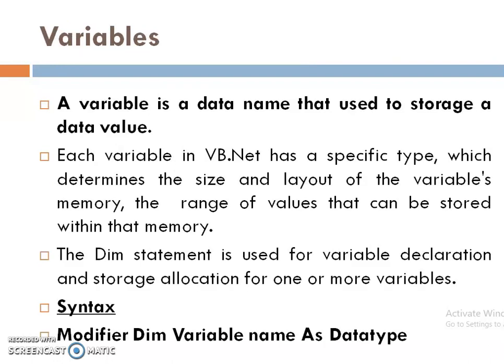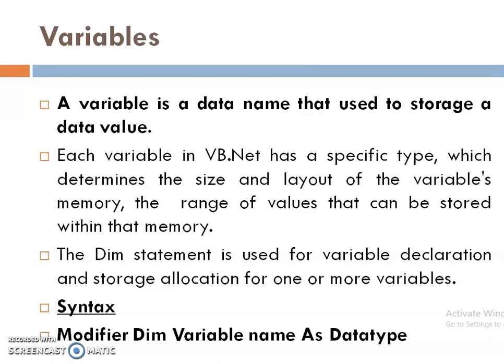Now first topic, what are variables? A variable is a data name that is used to store a data value. Each variable in VB.NET has a specific type which determines the size and layout of the variable's memory, and the range of values that can be stored within the memory.